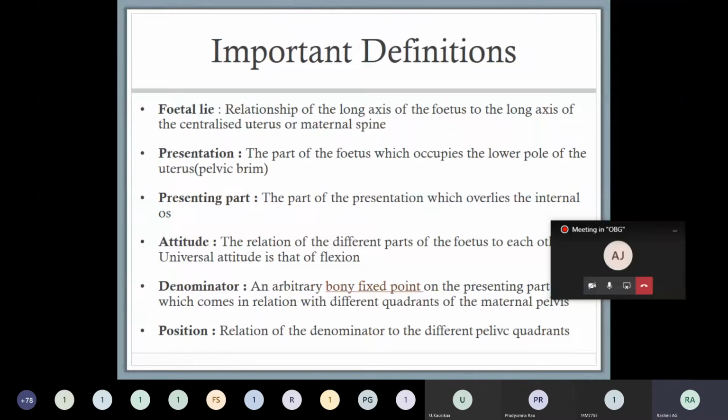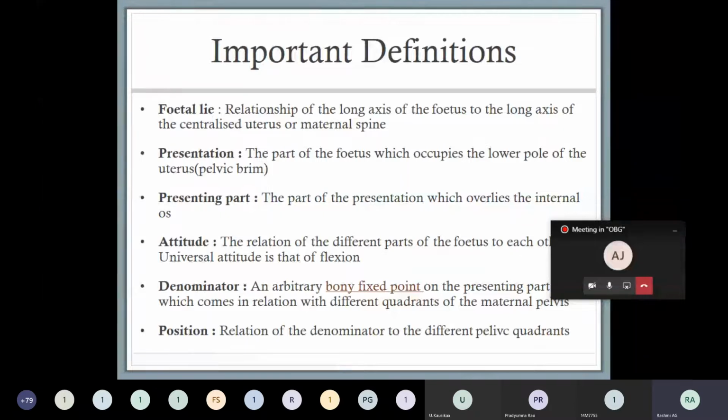What's the denominator? The denominator is an arbitrary bony point on the presenting part which is taken as a landmark. In cephalic or vertex presentation, the denominator is the occiput. How many positions of the fetus are there?